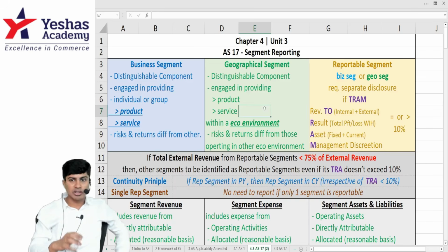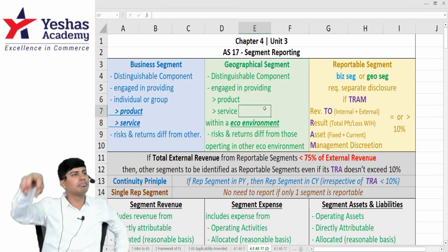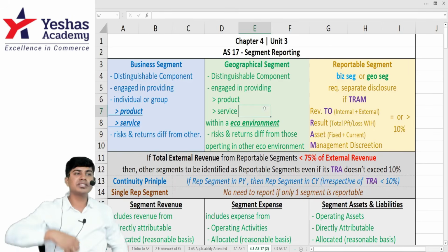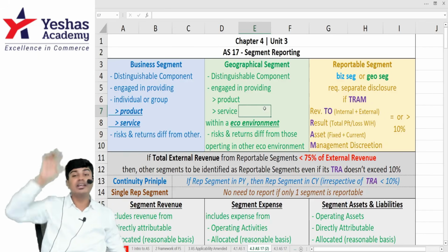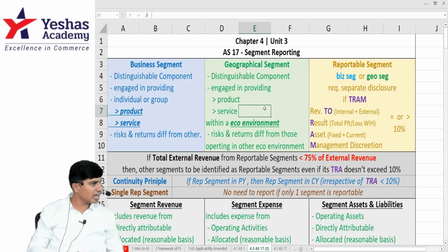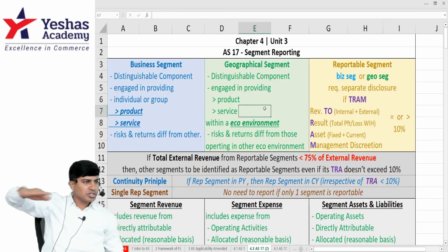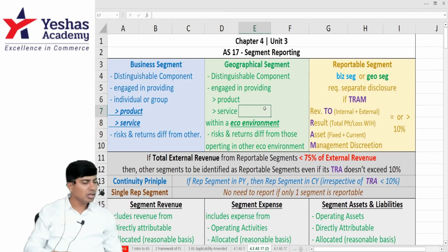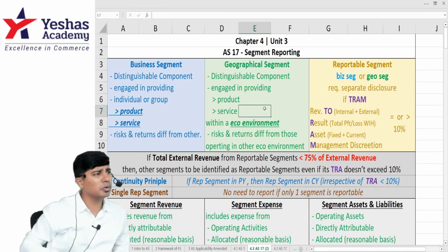If we divide it based on revenue from the Jayanagar branch, revenue from the Seshadripuram branch, revenue from the online facility, then it is a geographical segment. Are you getting the classification here? It is the entity's own choice to decide whether to do it based on geography or based on business. Everybody understood?